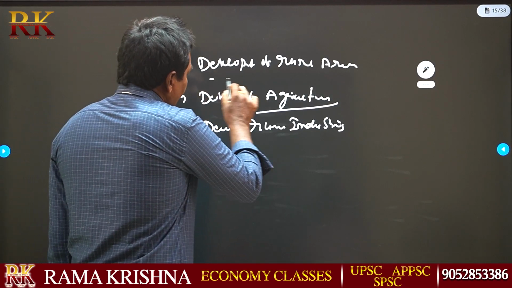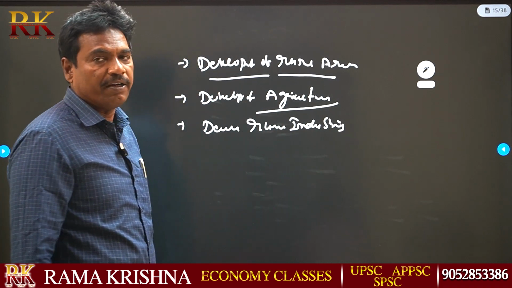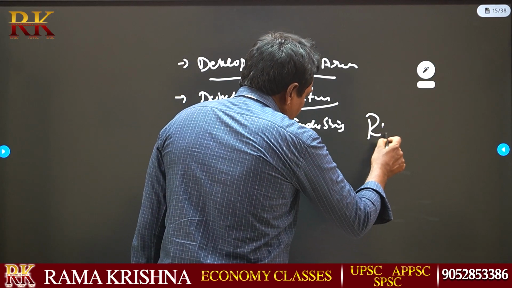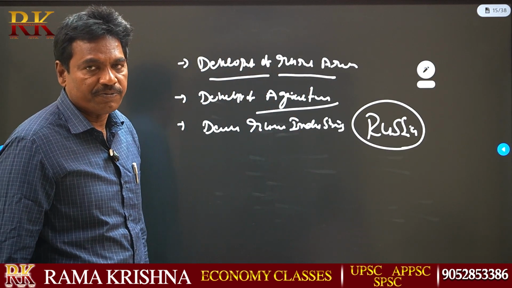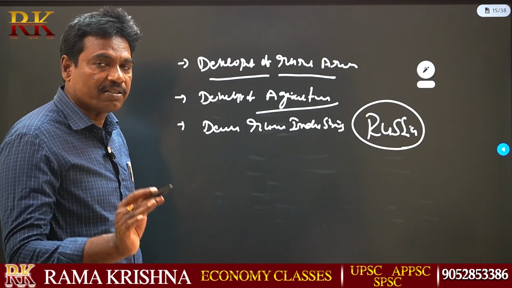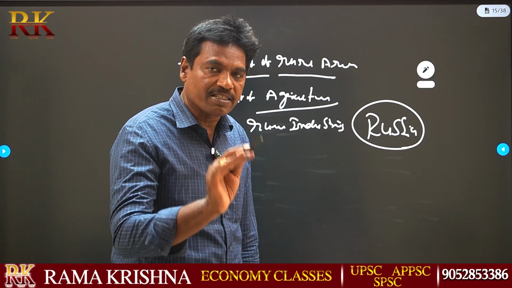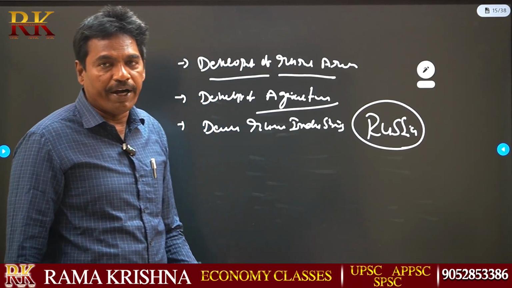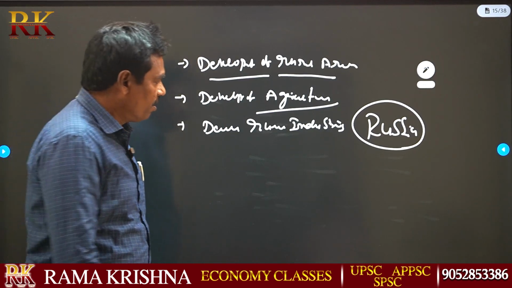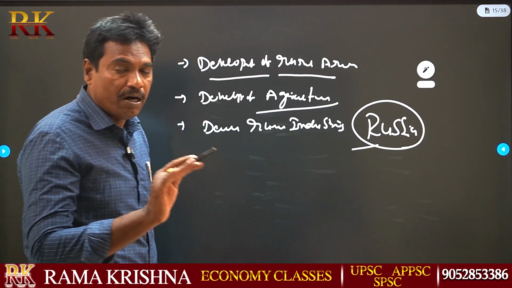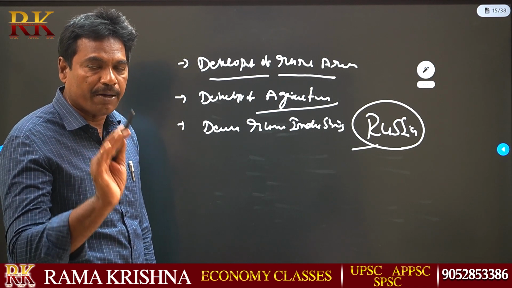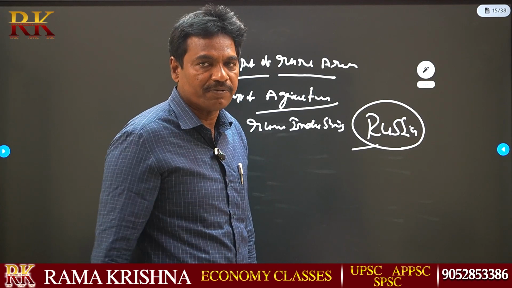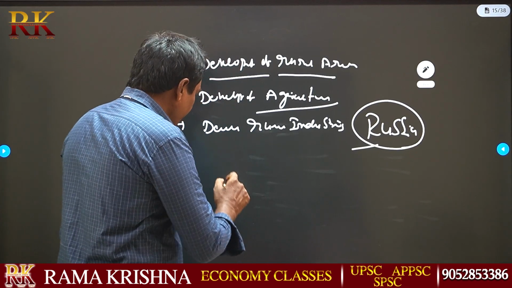What is the history of the Indian planning system? The Indian planning system derived from Russia, as already discussed. Why did it come in the Russian period? All countries, even developed countries, were going through recession, but Russia was not. All countries noticed that, and at that time all countries introduced the planning system, not only India. What is the need of the planning system?